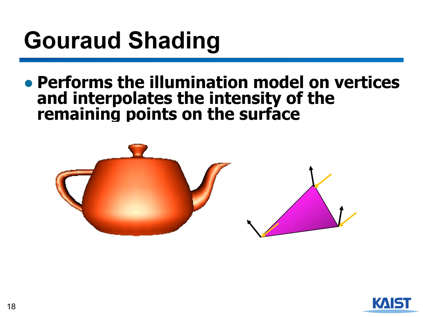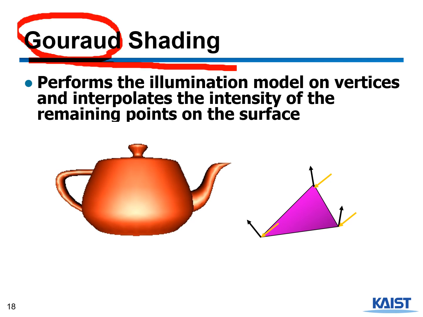Another one is Gouraud shading. This is named after the researcher. In Gouraud shading, we perform the illumination model on the vertices, not the center of the face. So it performs the Phong illumination model at the vertices, and we also compute the normal at the vertex.